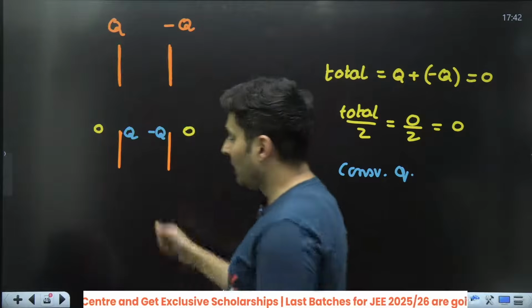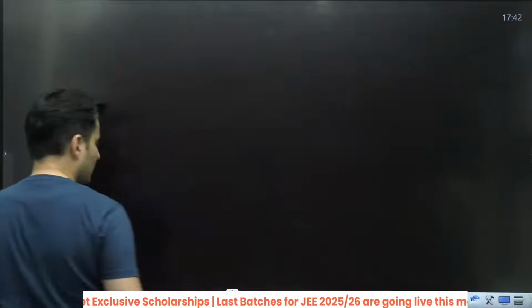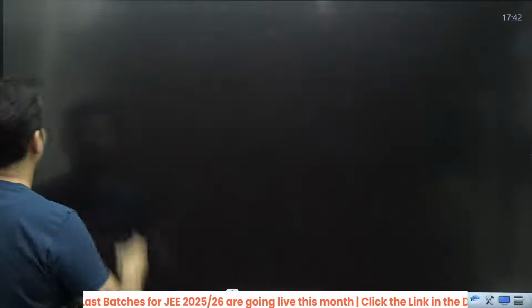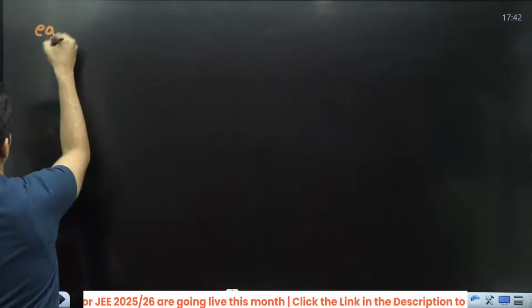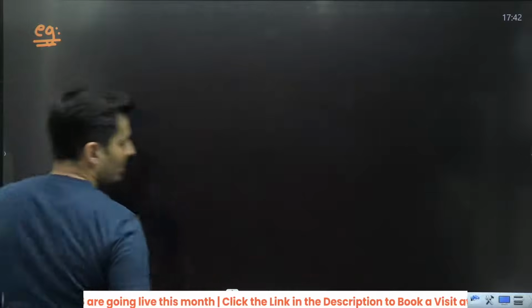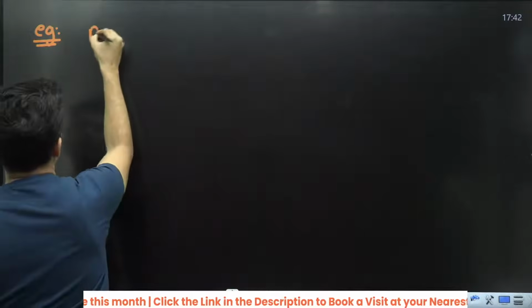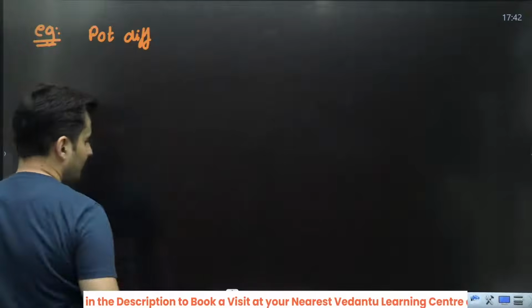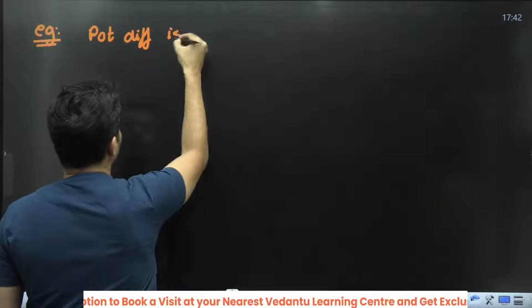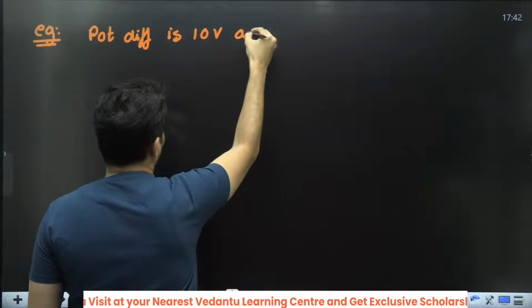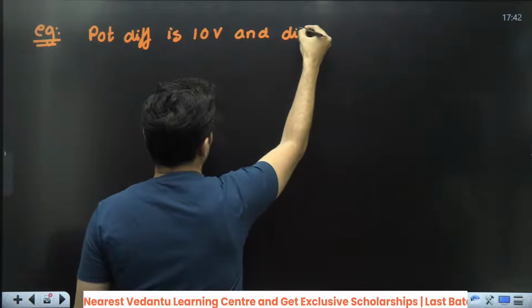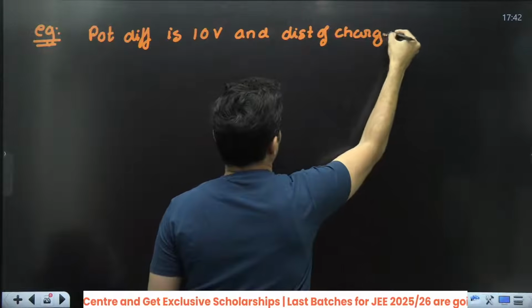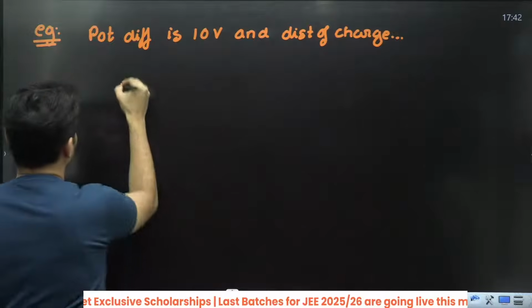Now, based on that, there was a level 3 JEE Advanced question. See, this is where people make mistakes. Say, for example, the potential difference is 10 volts and the distribution of charge is as follows.